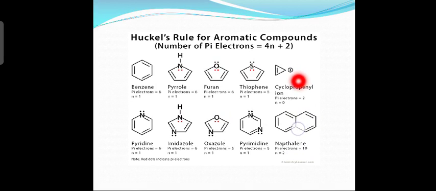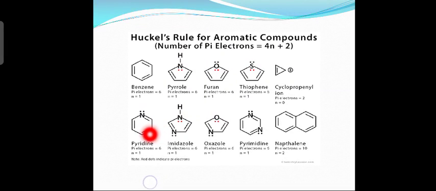How many electrons are there here? 1 pi bond is present, so 2 electrons, n equal to 0 in 4n plus 2. It is a positive ion. A neutral compound you cannot expect, but with a positive ion and 1 pi bond you can expect n equal to 0.